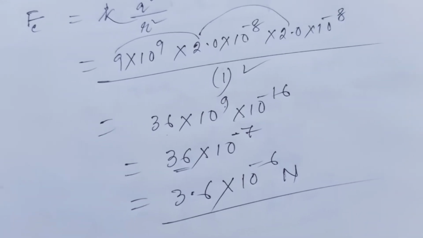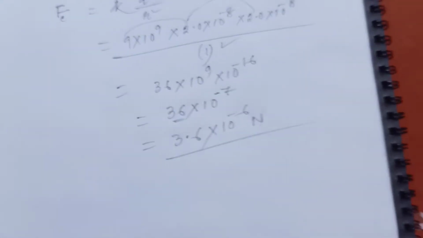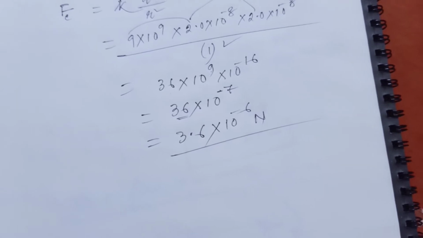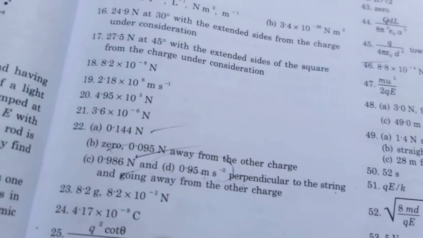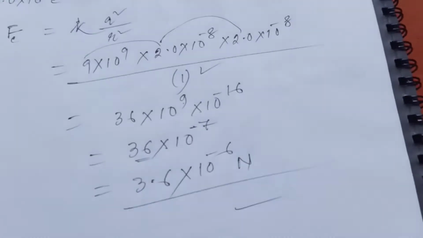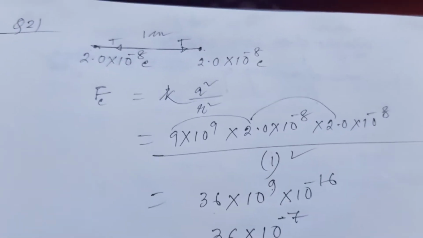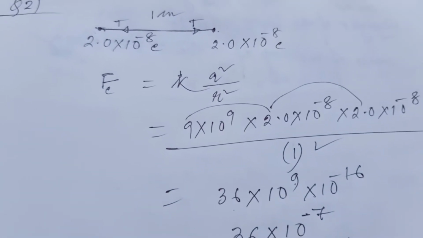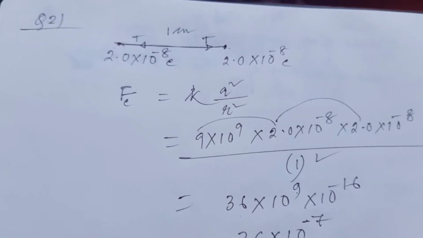So you can check your answer, question number 21: 3.6 × 10^-6 Newton. Okay, it is correct. It is from the basic numericals.